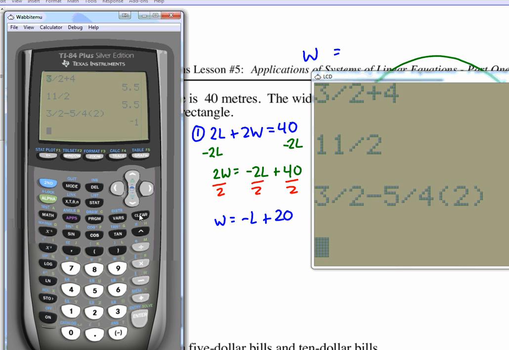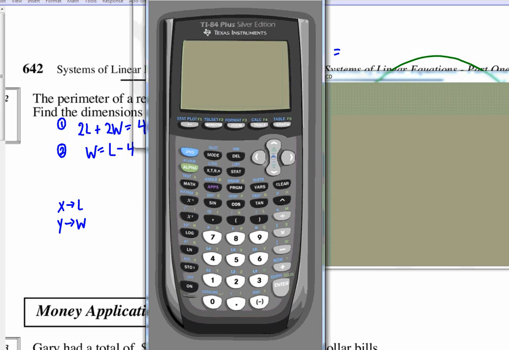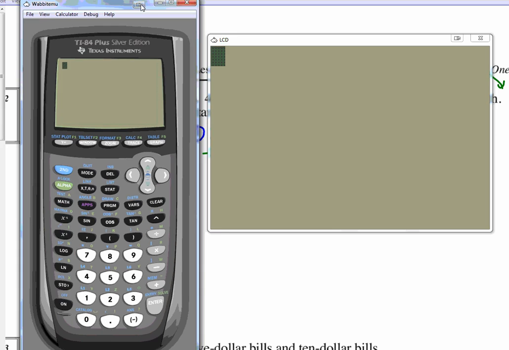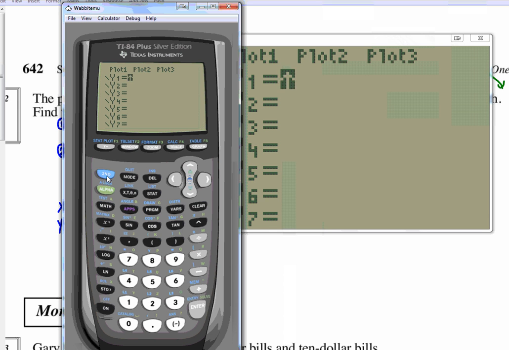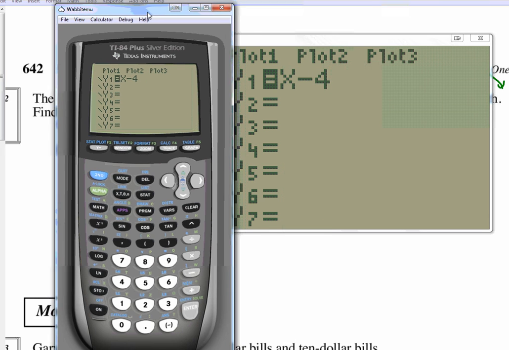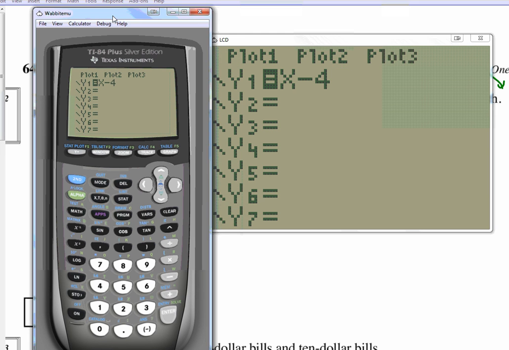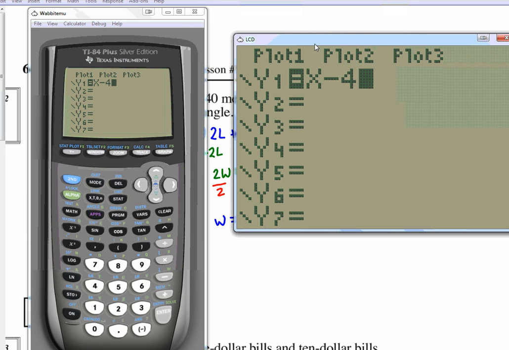Okay, so here we go. My first equation we're typing in is what? Go to y equals. Clear what's there. So we had L equals W minus 4, so instead of L minus 4, you're typing in what? X minus 4. That goes into y1.